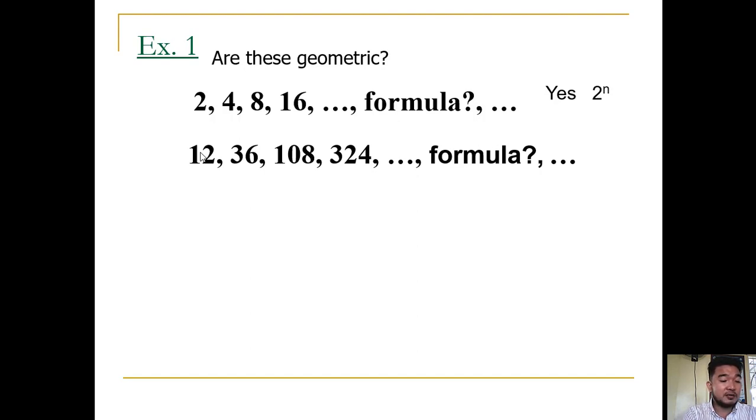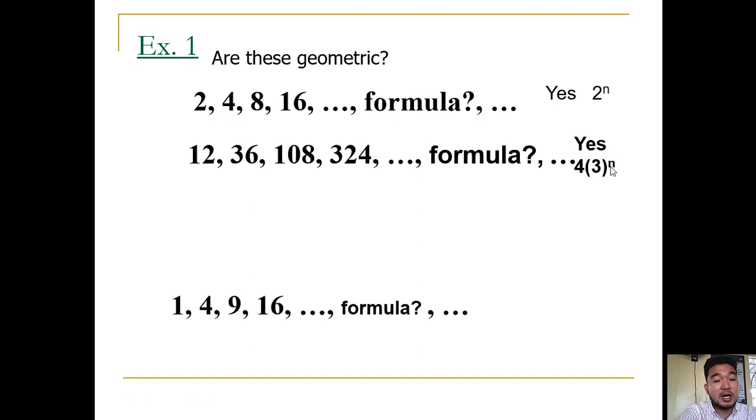Then 324 divided by 108. So the answer is still 3, meaning this number sequence is an example of geometric sequence, and the formula is 4 times 3 raised to n, where n again is the term.